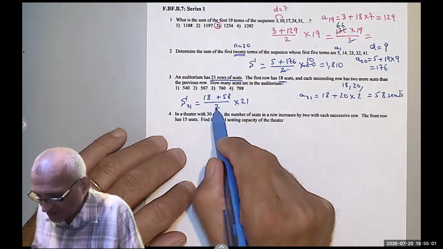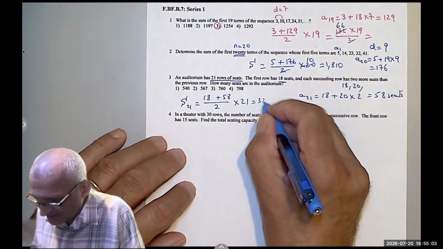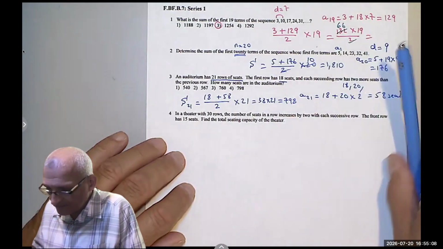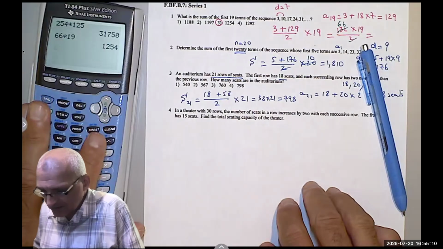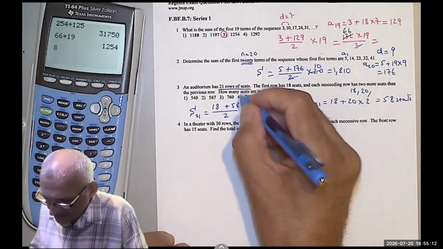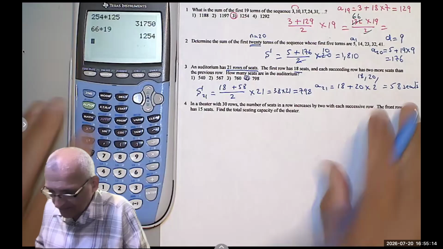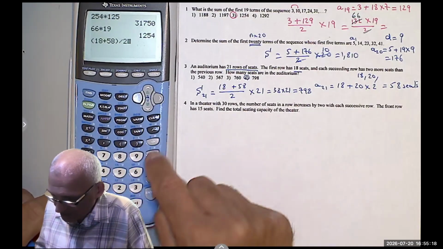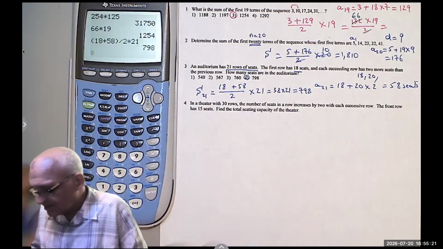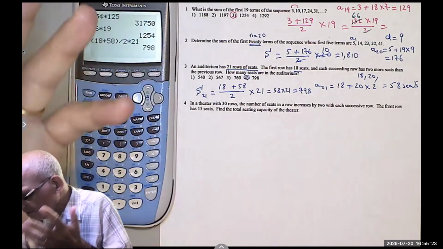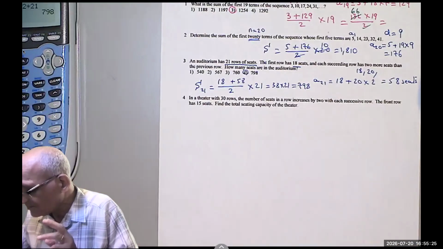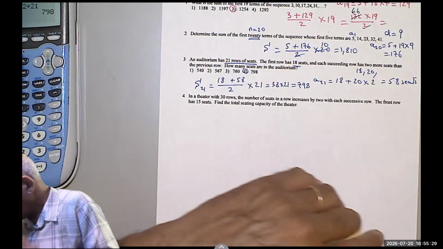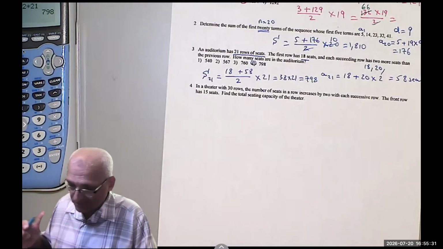These are 76 over 2. It's 38 times 21, 798. 18 plus 58 over 2 times 21. Yeah, 798. I knew it, but just to be on the safe side, sometimes I do crazy stuff because I don't know how to do math.